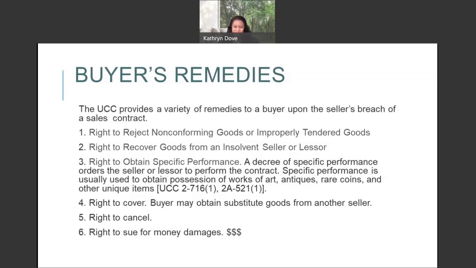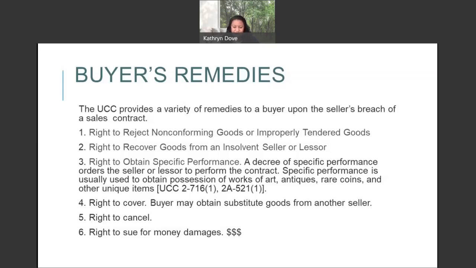So specific performance would be an order from the court directing the seller to perform the contract as written. If the seller refuses to specifically perform, that is contempt of court, for which the seller could be incarcerated.